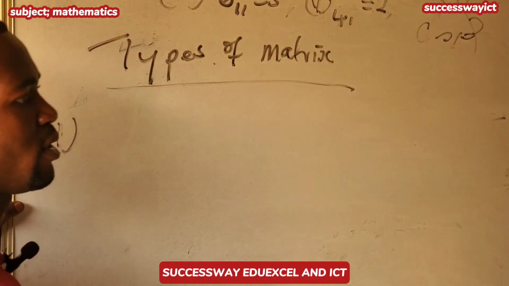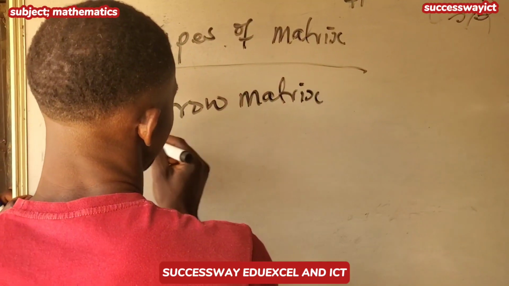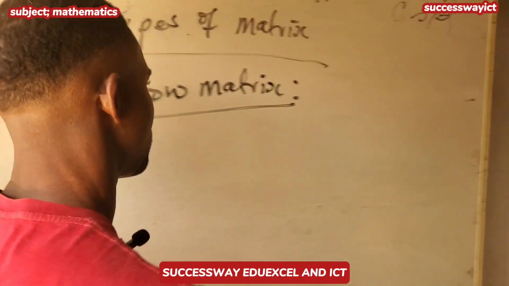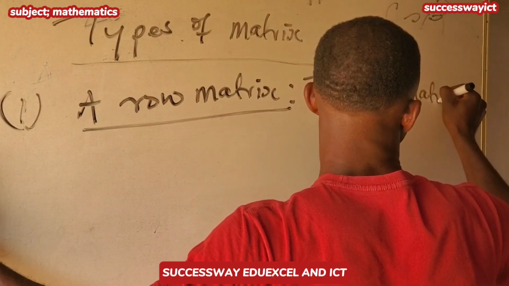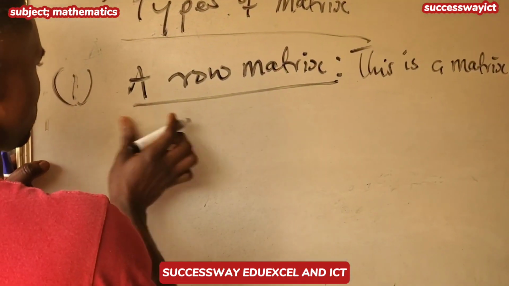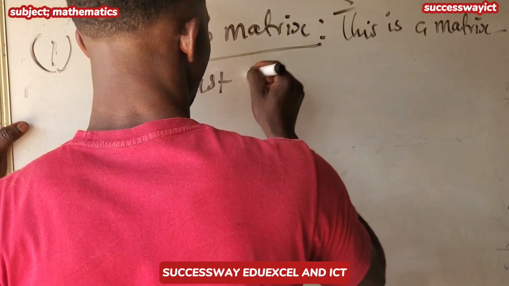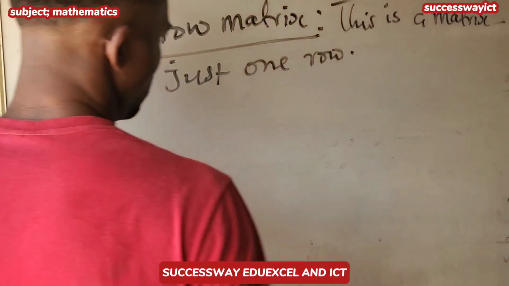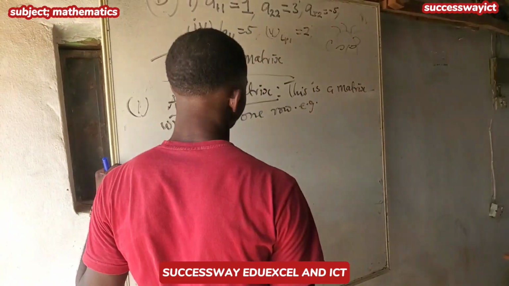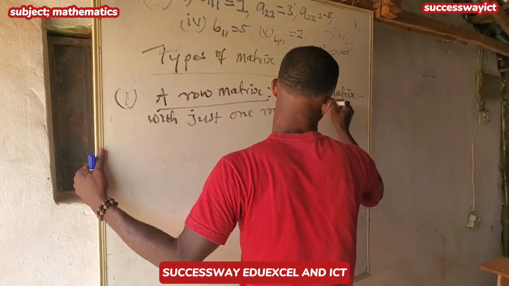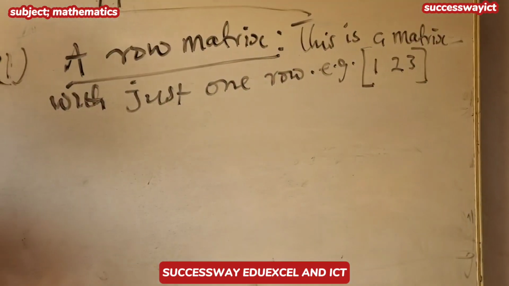Okay, number 1, types of matrix. We have a row matrix. This is just a matrix with just a row.